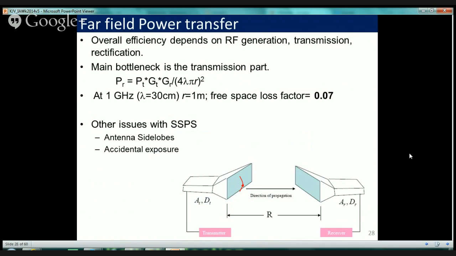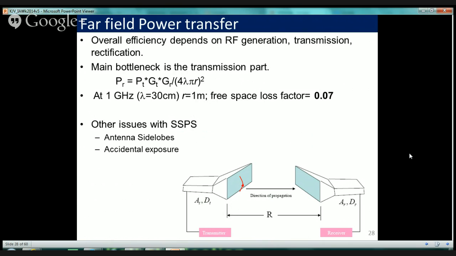To put this into some kind of numbers, if you forget everything else, just look at the free space loss factor at 1 gigahertz, closer to GSM, which is at 900. The wavelength is 30 centimeters, and at a distance of 1 meter, the loss factor is 0.07. So only 7% of energy transfer would happen if you have antennas at 1 meter separation.